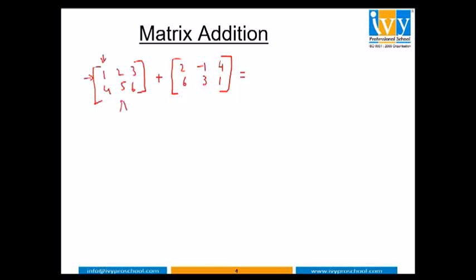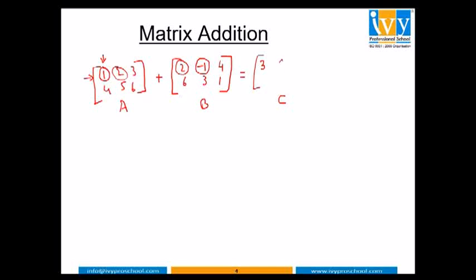So if I assume this is A and this is B and I'm going to get a resultant C, I want to add the first row first column of A to the first row first column of B, which gives me 1 plus 2, 3, and then this will get added to this.